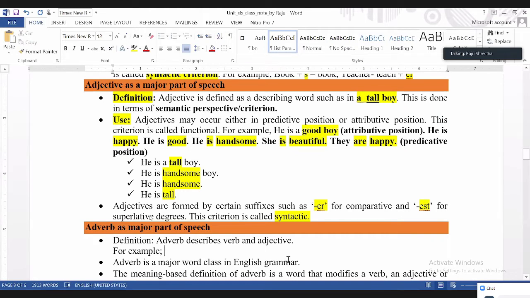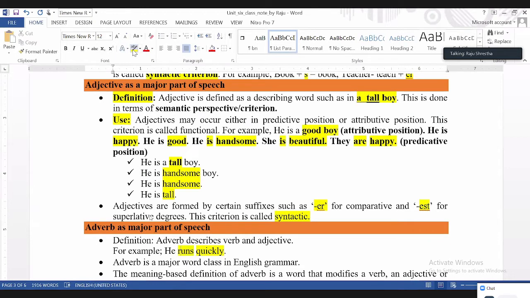Okay, quickly, that's fine. He runs quickly. Quickly in this sentence is what, this is adverb. How? Quickly, this manner, you know. Then run is what?